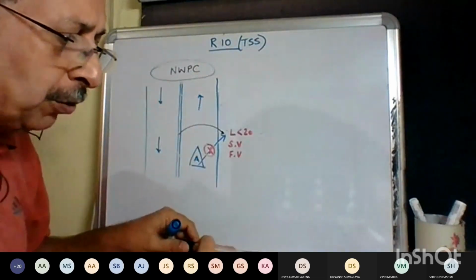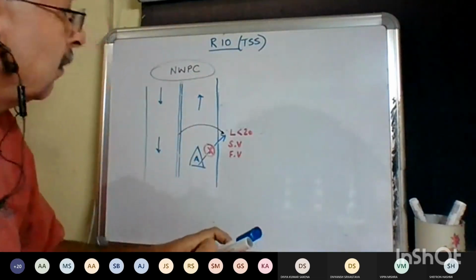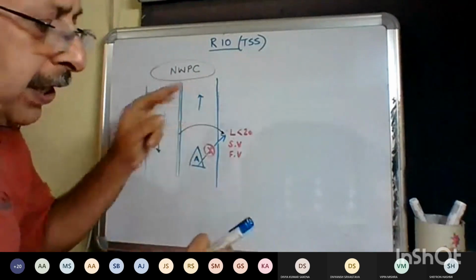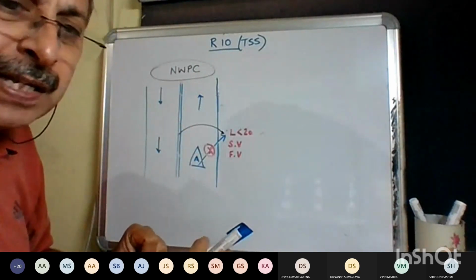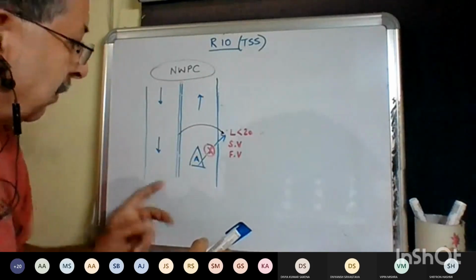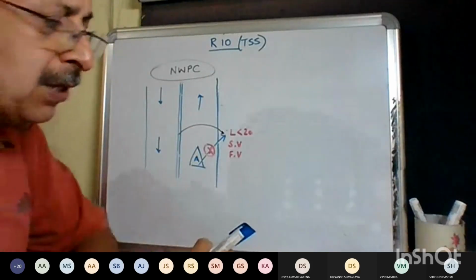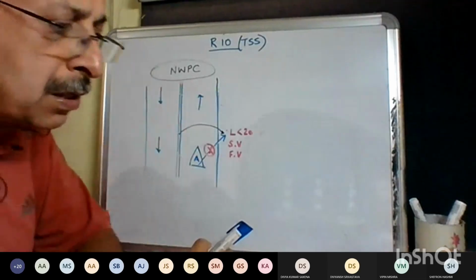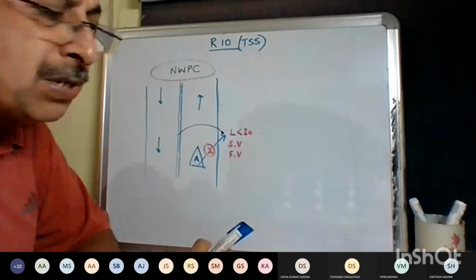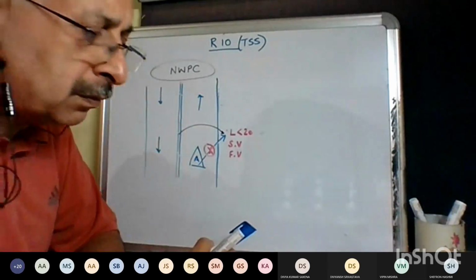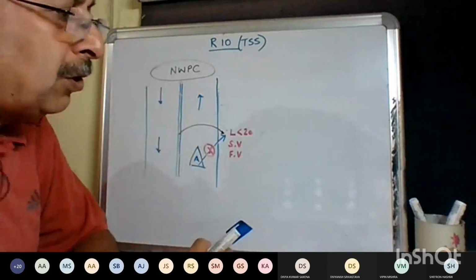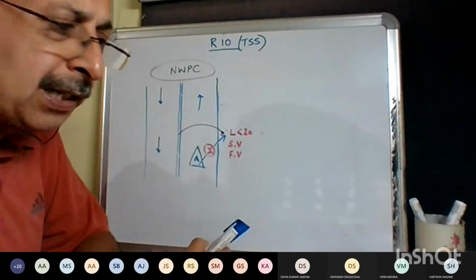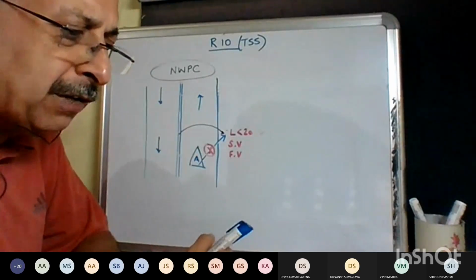That means I should be extra alert, because this is an area of termination of TSS. Similarly, this area is also termination of TSS. So I have to be particularly alert over here. I must navigate with particular caution because I know that over here there'll be lots of vessels crisscrossing and coming inside. So I must be very, very careful.